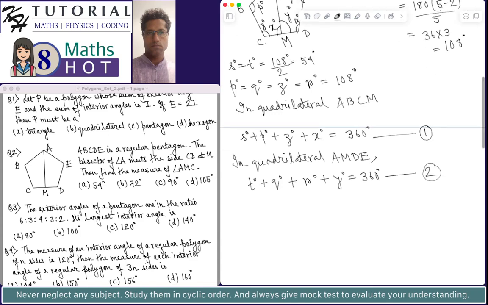Okay. Now in both the equations, the right hand side is equal to 360 degrees. So we can equate the LHS of both equation 1 and 2.